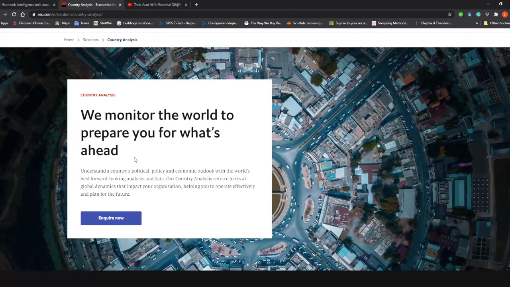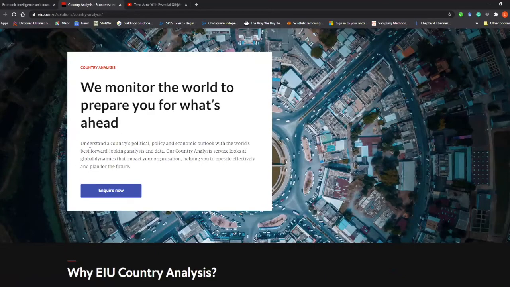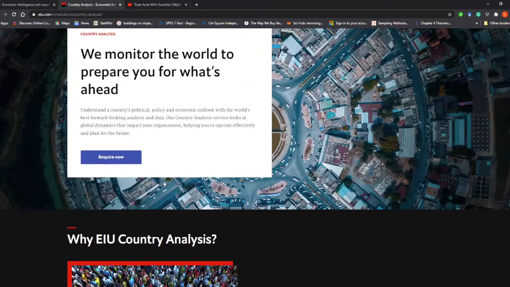Here they say, we monitor the world to prepare you for what's ahead. Their indices help you understand a country's political, policy, and economic outlook with the world's best forward-looking analysis and data. Their country analysis services look at global dynamics that impact your organization, helping you to operate effectively and plan for the future.